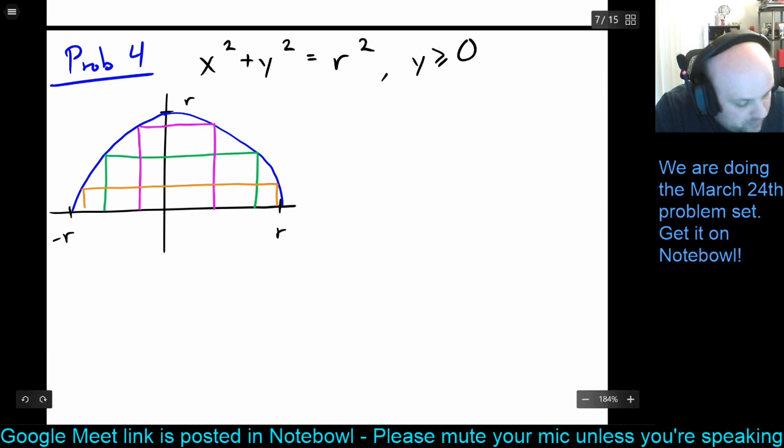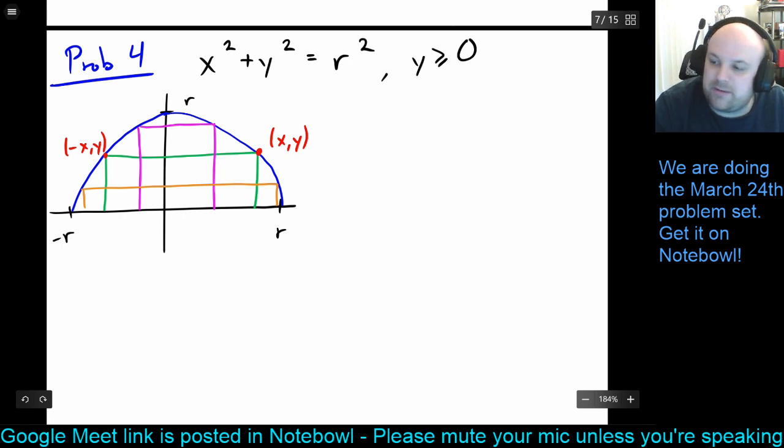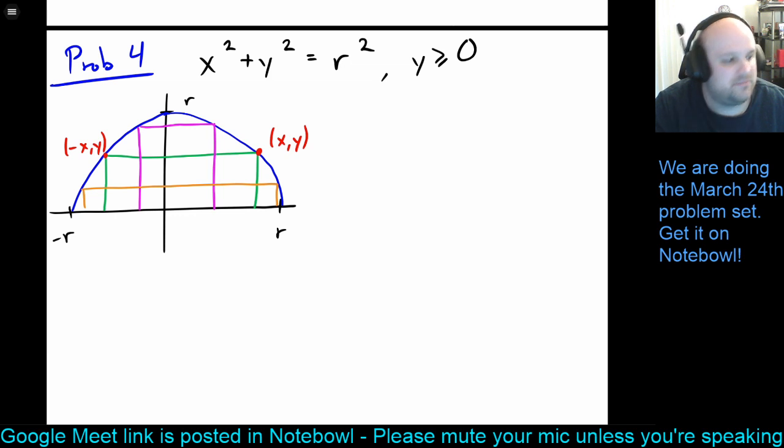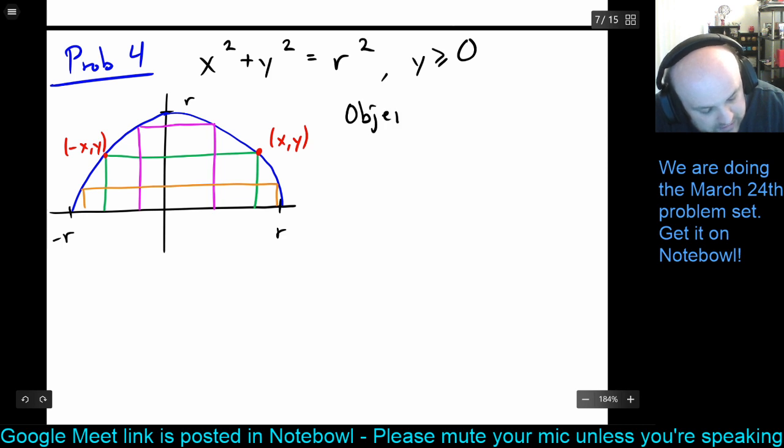So the nice part of this is, if this corner right here is (x, y), then this corner is (-x, y). I want the largest rectangle, so it has the largest area. So my objective should be the area.